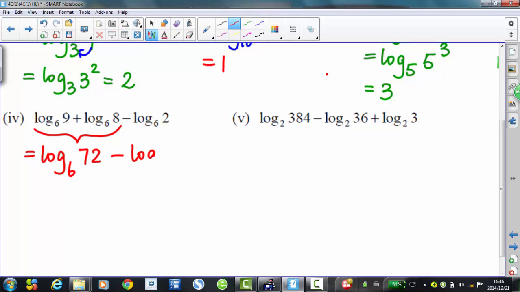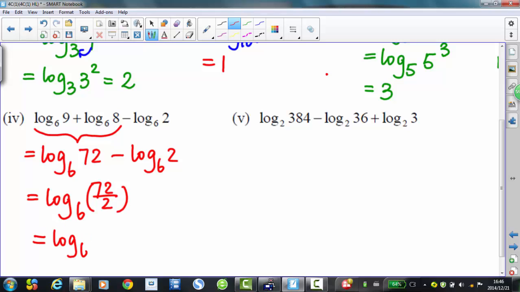Then minus log base 6 of 2. They still have the same base, so I can divide the arguments, 72 divided by 2. Okay, and now you guys know this quotient is 36. So 36 has the connection with the base 6. And this one is 6 squared. So I will know the final log value is number 2.